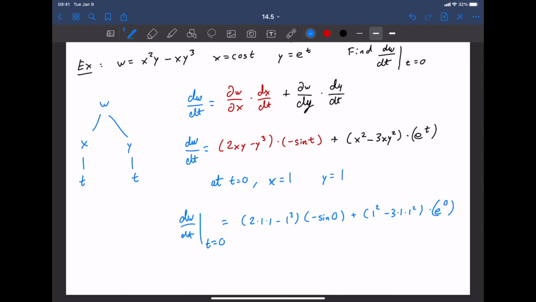Sine of 0 is 0, so this whole thing is 0, right? That whole thing is gone, and we're just going to be left with e to the 0, which is 1, so it's 1 minus 3 times 1, or negative 2. Easy peasy. If it helps you, you could have noted x equals 1, y equals 1 right here.